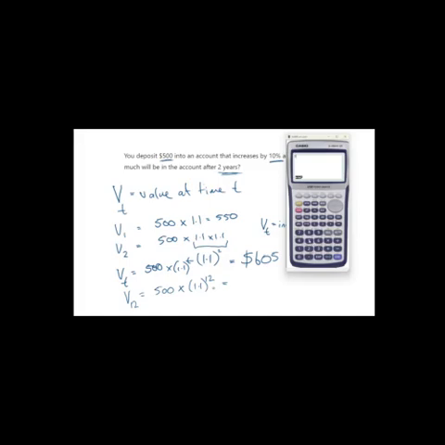So I'm going to clear that. $500 times 1.1 to the power of 12 is $1,569 and 21 cents, which is amazing because we've more than tripled our initial investment.